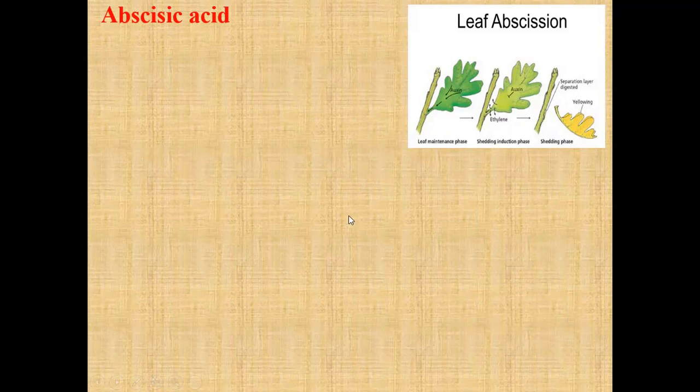So friends, why is the name given abscisic acid? Abscission means the detachment of a part from the plant body. What is the chemical observed in such parts of the plant which are detached, fall or separate from the plant body?